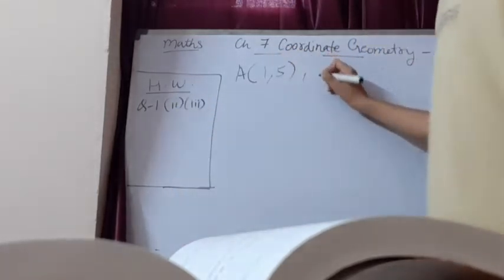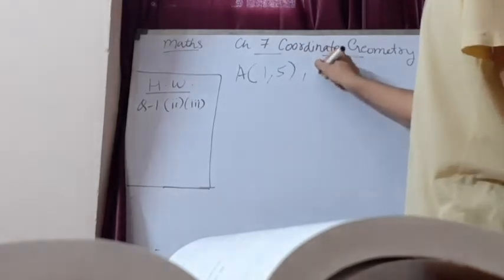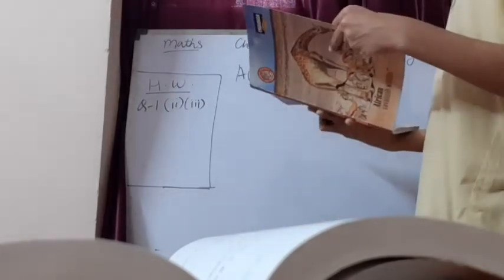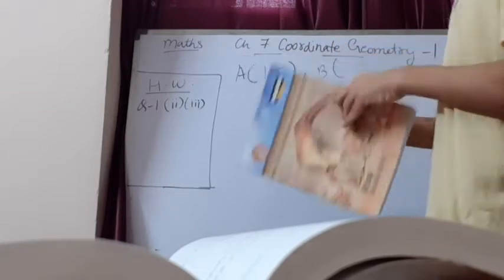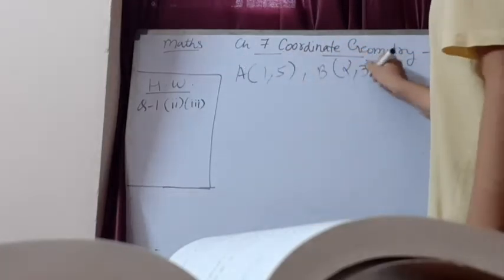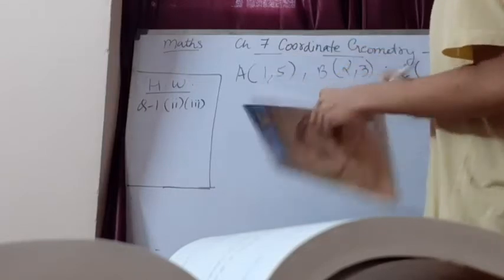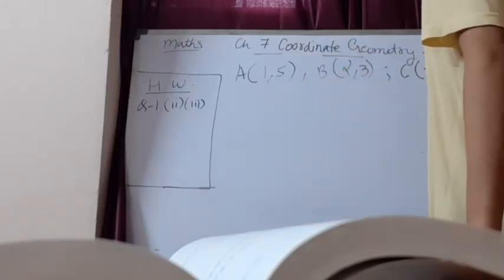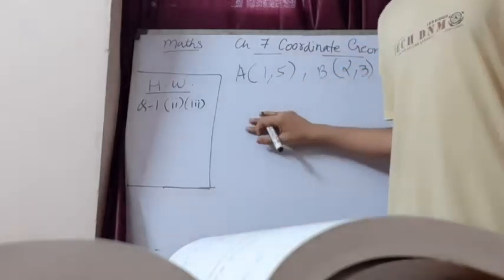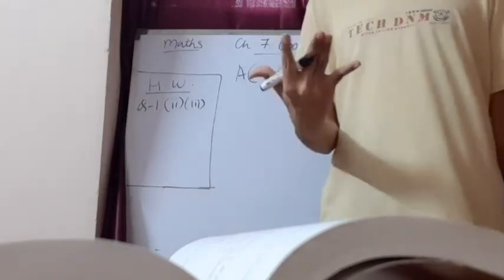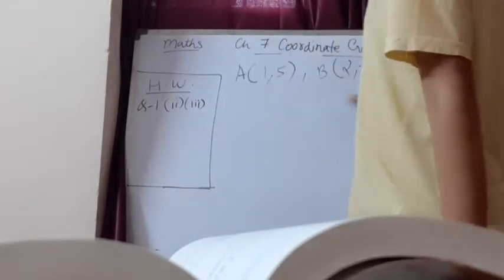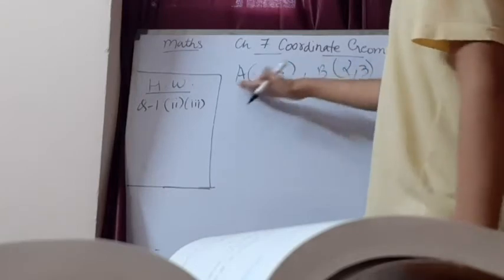Then what is your B? That is given to you, 2, 3. And your C is given to you, -2, -11. So these are the points that are already given to you. Now we have to find the distances AB, BC, AC.